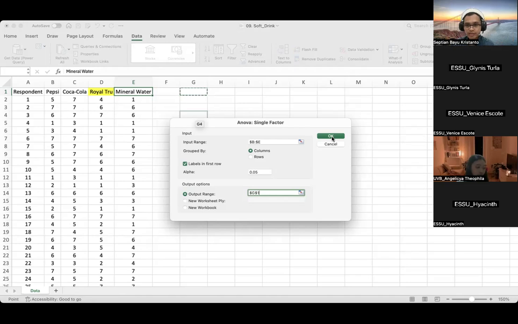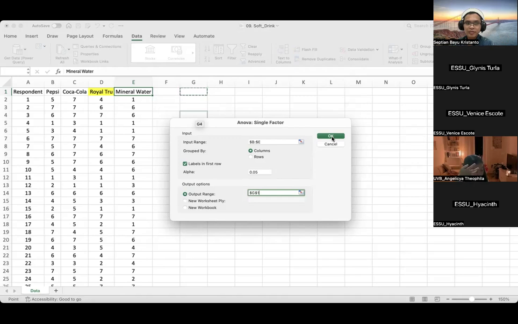That's one piece of information you need to know: the numbers from 1 to 10 are the preference scores given by the respondents after tasting the soft drink. Say respondent number 1, after drinking the Pepsi, scored 5 out of 10.